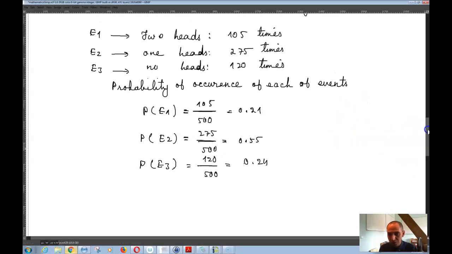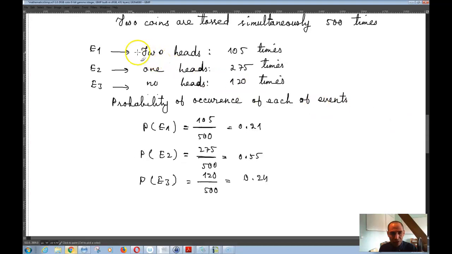And you can see it as well, because when you toss 2 coins simultaneously, you have a coin 1 and a coin 2. The possible outcomes of coin 1 would be tails or heads. Coin 2 again would be tails or heads.